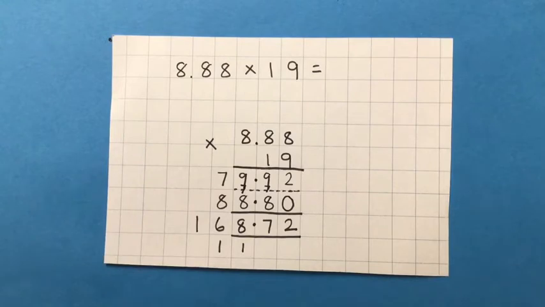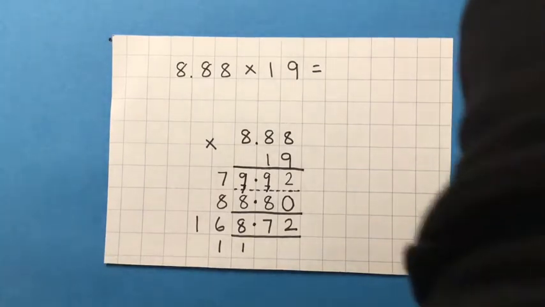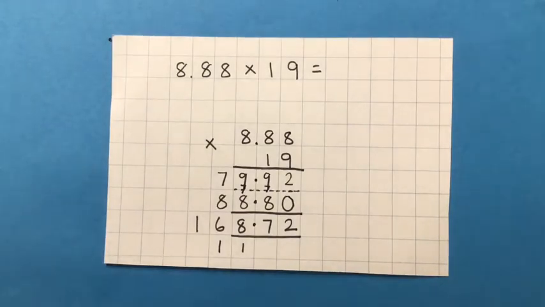Now, if you were to work out 888 times 19, you would actually get 16,872, and then you would just have to make sure that you put the decimal back in the right place. But that's where sometimes people can go wrong, so it's just making sure that you put it in the right place.